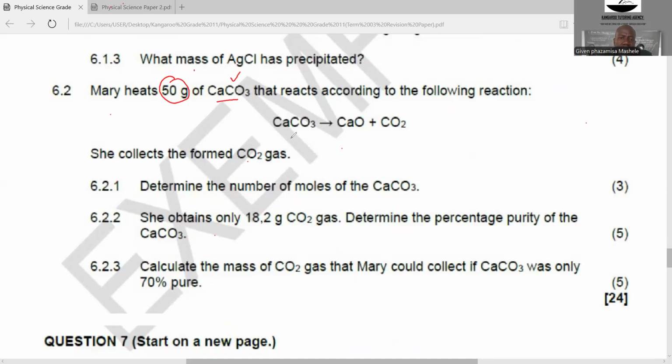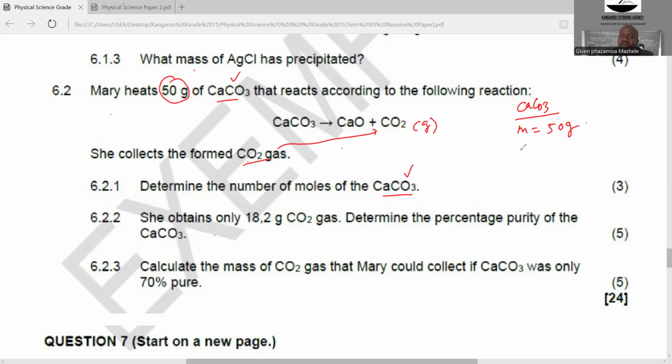Then she collects the formed carbon dioxide gas. So they're saying this is our gas. Determine the number of moles of calcium carbonate. I think this one is straightforward. We know the information of calcium carbonate. We're given the mass. The mass of calcium carbonate is 50 grams.